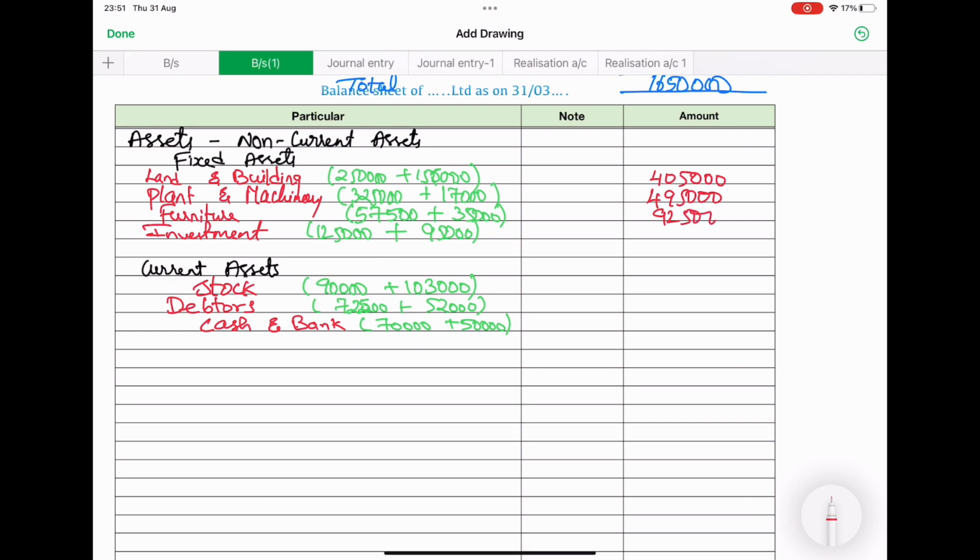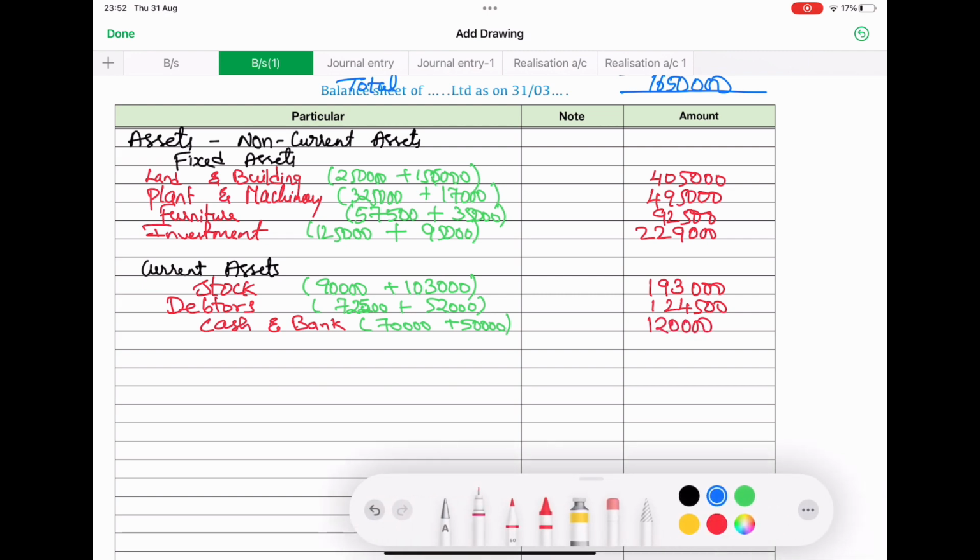Next 2,29,000. After that, 1,03,000 plus 90,000, 1,93,000. Small calculations we can do directly, right? So 72,500 plus 52,000, 1,24,500. 70,000 plus 50,000, 1,20,000.